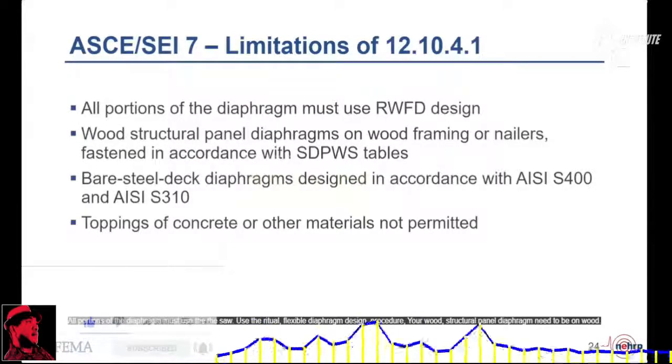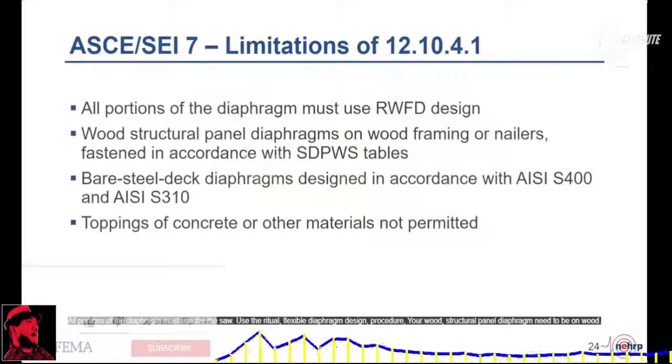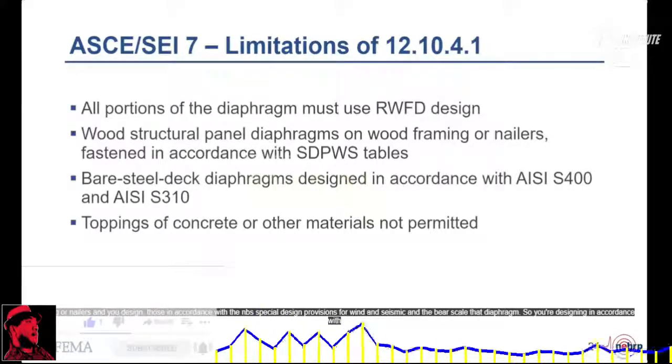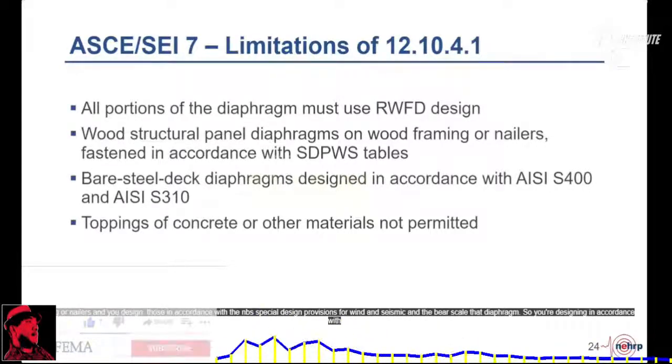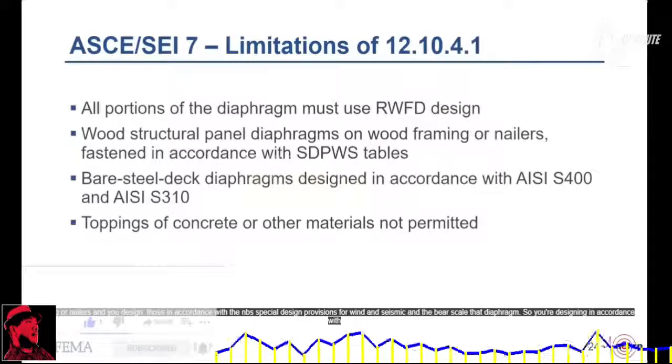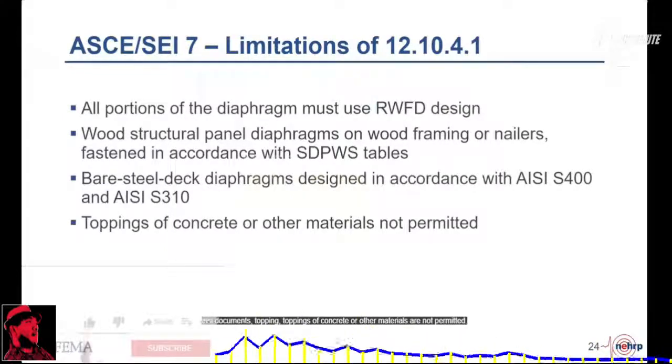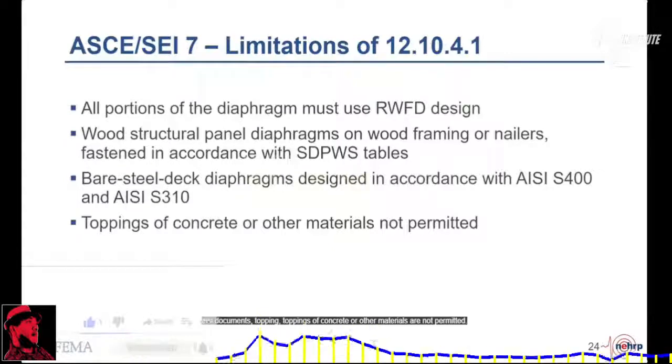Your wood structural panel diaphragms need to be on wood framing or nailers, and you design those in accordance with the NDS special design provisions for wind and seismic. And the bare steel deck diaphragms, you're designing in accordance with AISI documents. And toppings of concrete or other materials are not permitted.